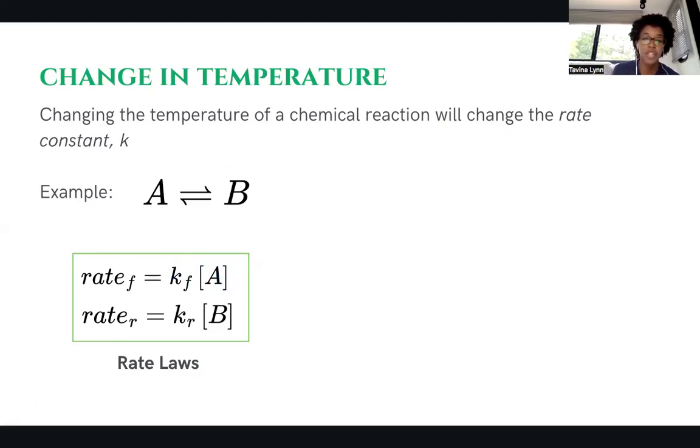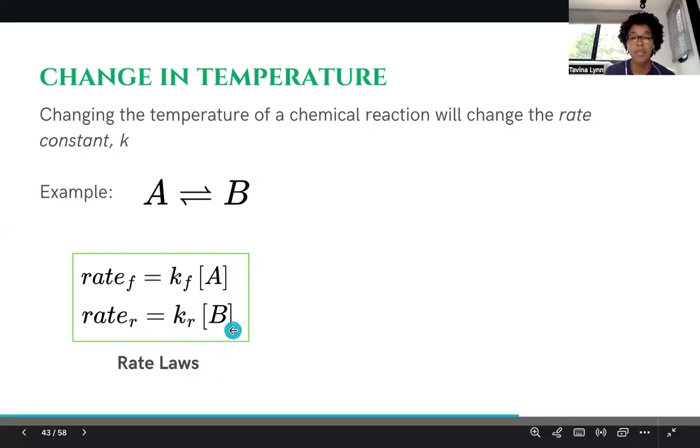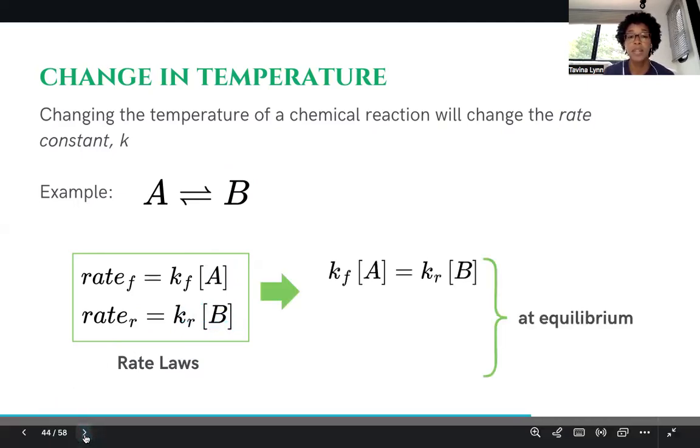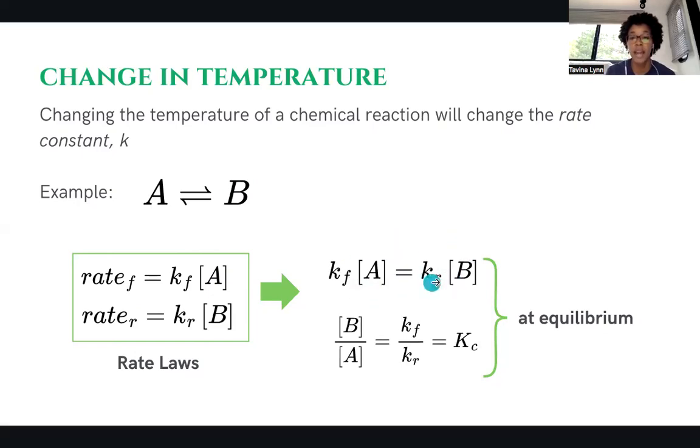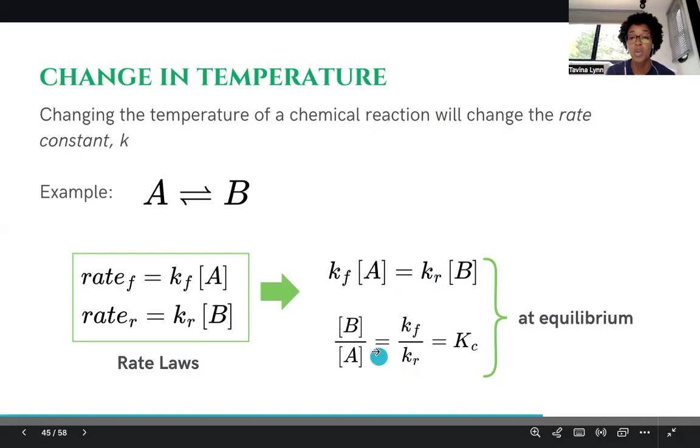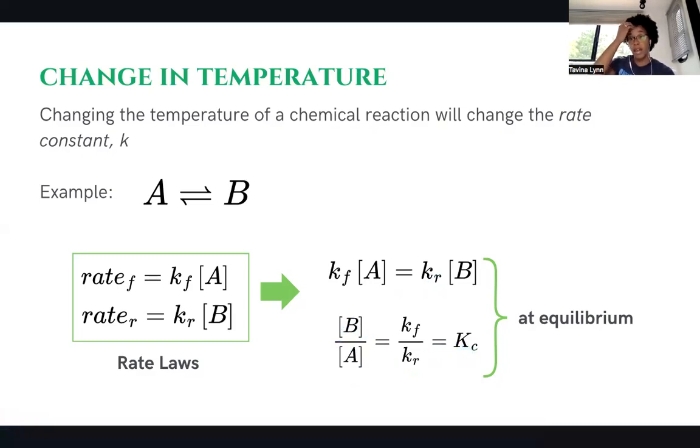For the reverse reaction, our reactant would then be B. We'd go from B to A, so we would have k times reactant B. Now at equilibrium, these two rates are equal to one another. If we rearrange this to isolate K by itself, we end up with the concentration of B over A, which is equal to our equilibrium constant K, K sub C for concentration.